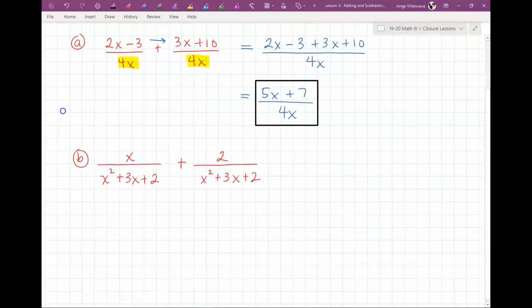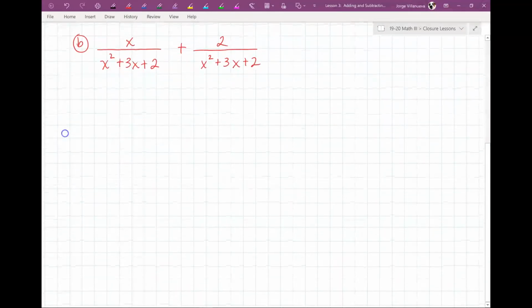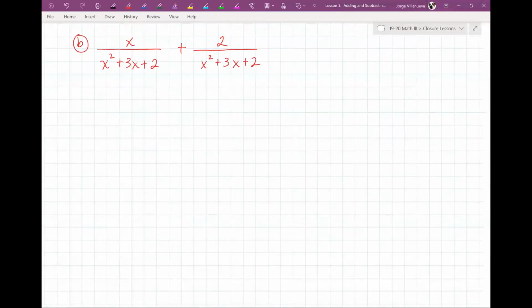Again, we do have the same denominator, so we don't have to worry about creating a brand new denominator, called the least common denominator. We're not going to try to find that. We're just going to leave it alone and add these things together. So again, we're just going to add straight across. So this is over x squared plus 3x plus 2.